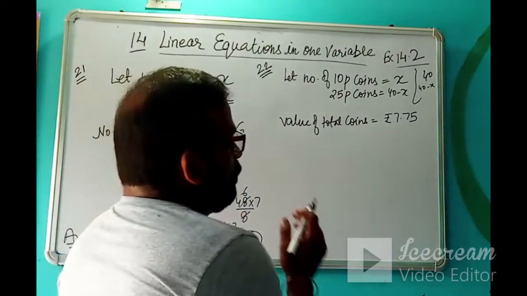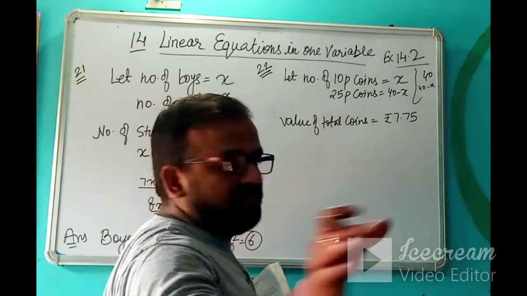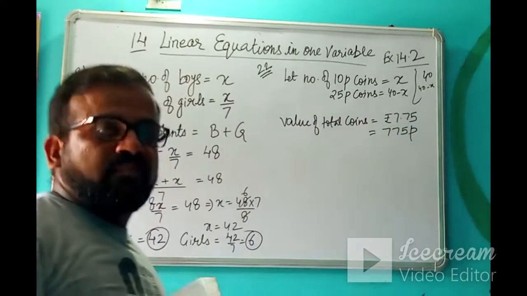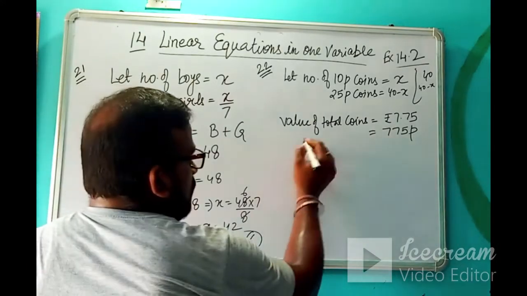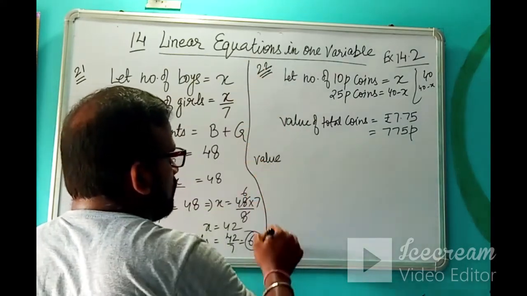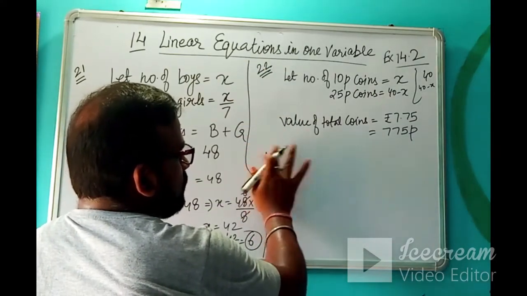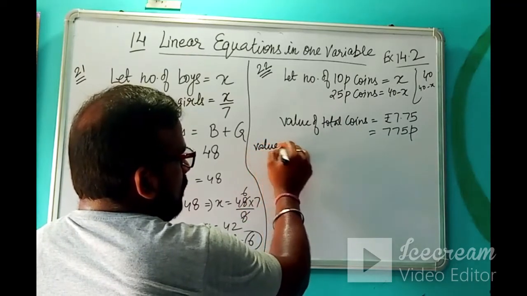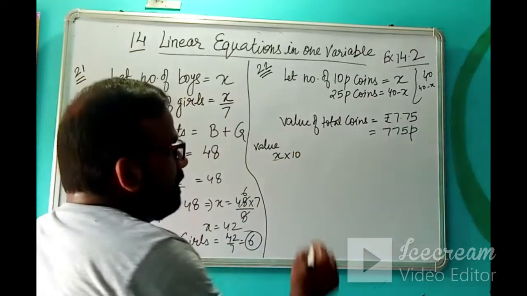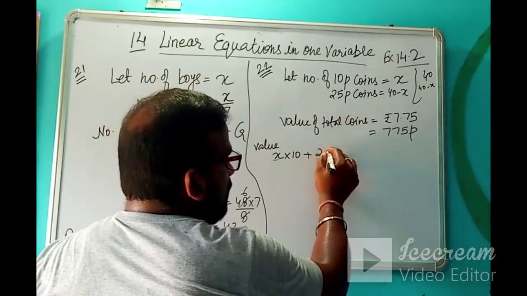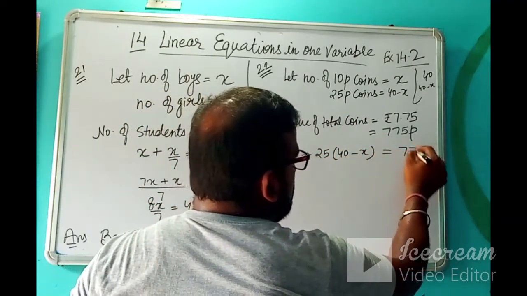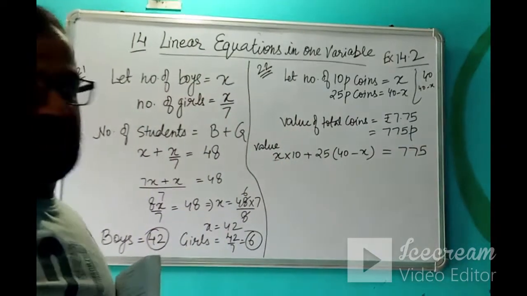Since everything is in paisa, first I will convert this into paisa, it becomes 775 paisa. Then what is the value? 10 paisa coins are x, so x into 10, plus 25 paisa coins are 40 minus x, 25 into 40 minus x, and the total amount is 775 paisa.